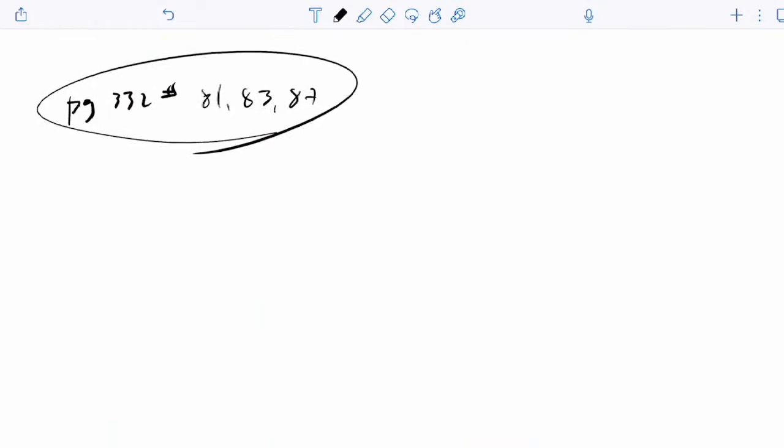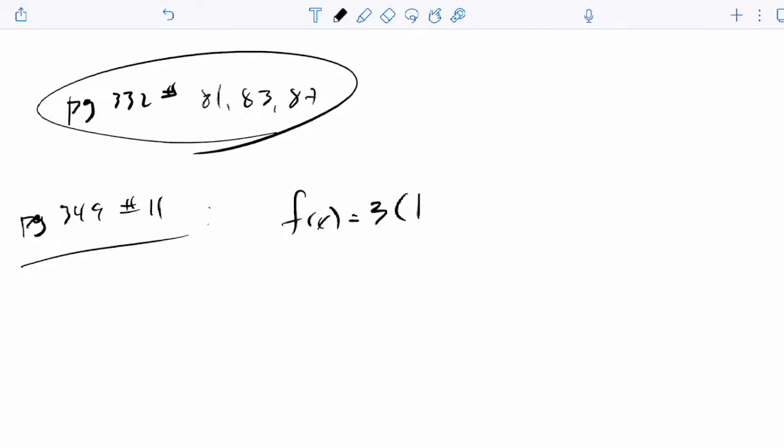But for page 349, number 11, they give you the function 3 times 1 minus e to the negative x, for non-negative values.